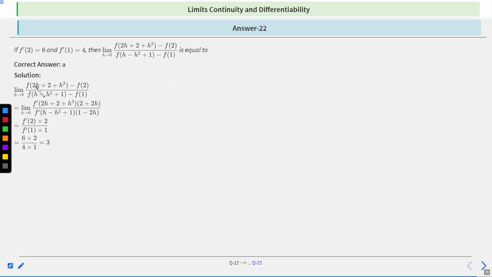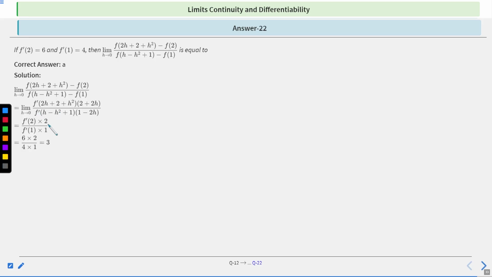Limit h tending to 0 of (f(2h plus 2 plus h square) minus f(2)) upon (f(h minus h square plus 1) minus f(1)) is equal to limit h tending to 0 of f dash(2h plus 2 plus h square) into (2 plus 2h) upon f dash(h minus h square plus 1) into (1 minus 2h).